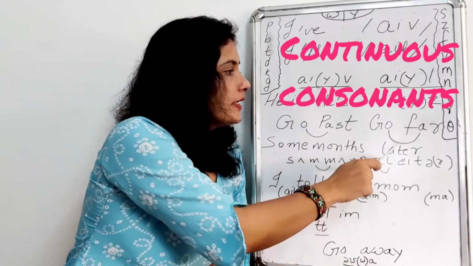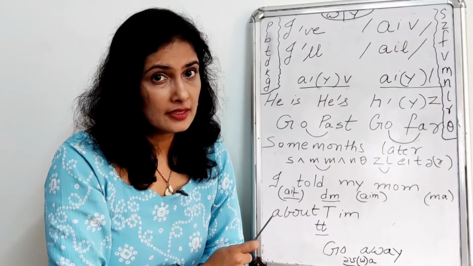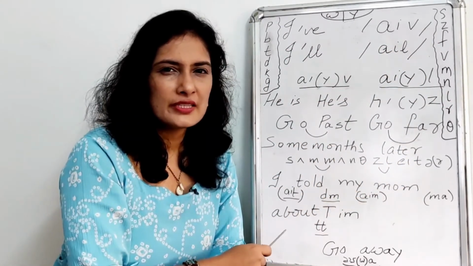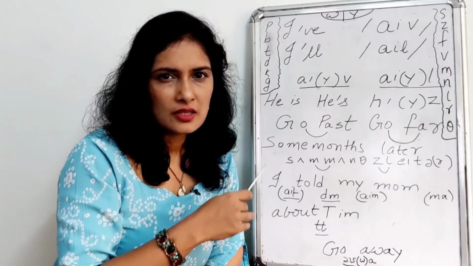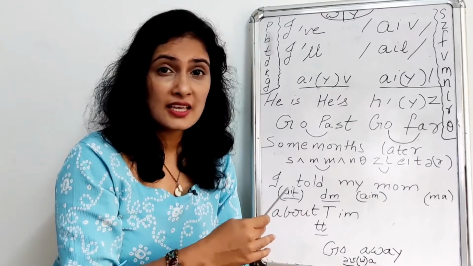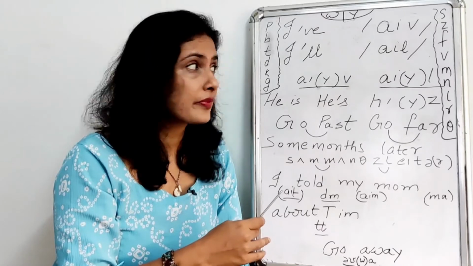But when it comes to this family, it's a continuous consonant. The continuous consonants essentially are the sounds which don't really break the sound very much. There's an extension. Kiss, his, have, him.